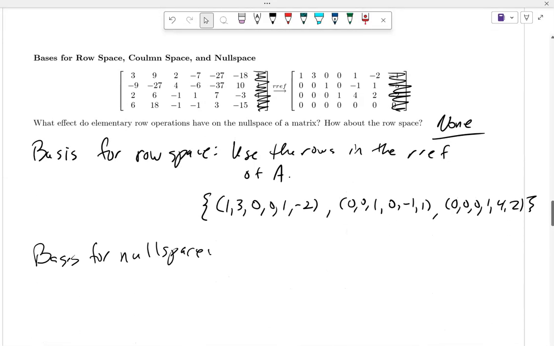So in this case, your basis is going to be... So when we write the rows, do we write only the ones with a pivot? You're only going to pick the ones that have a pivot, because if it's a row of zeros, that wouldn't be linearly independent.